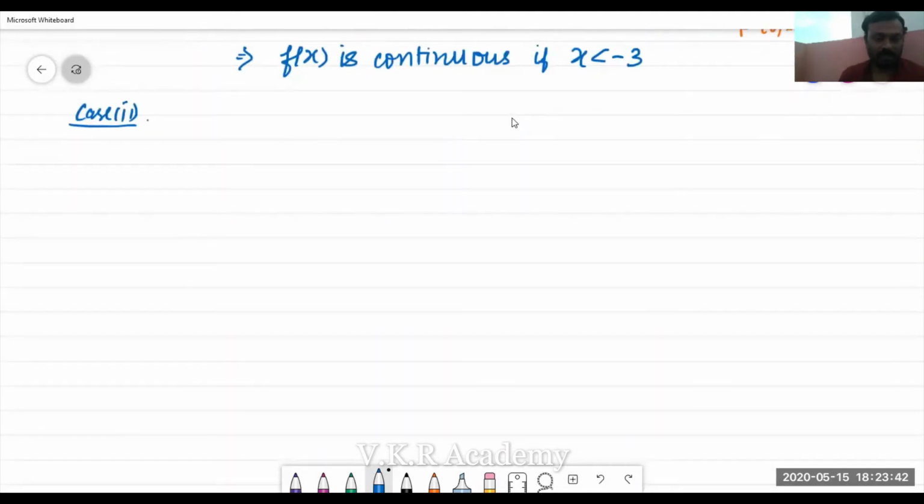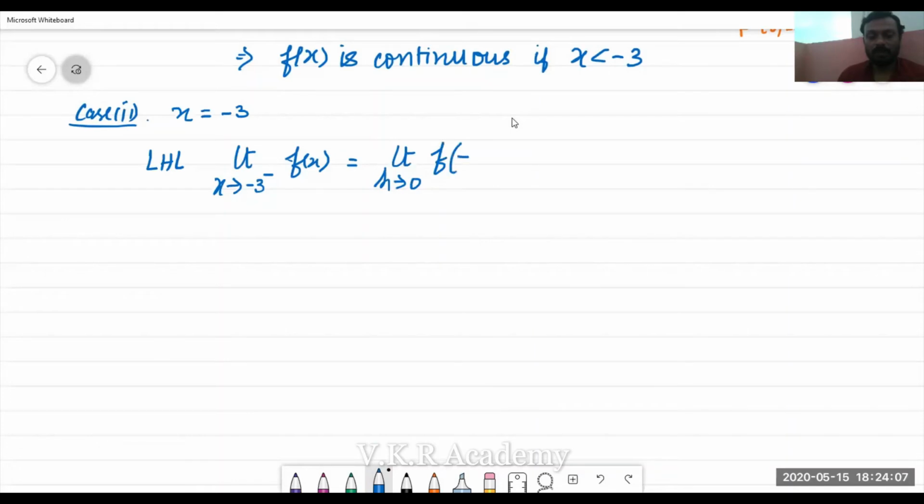So the left hand limit at the point x is equal to minus 3 is given by limit x tends to minus 3 minus f of x, that is equal to limit h tends to 0, f of minus 3 minus h.